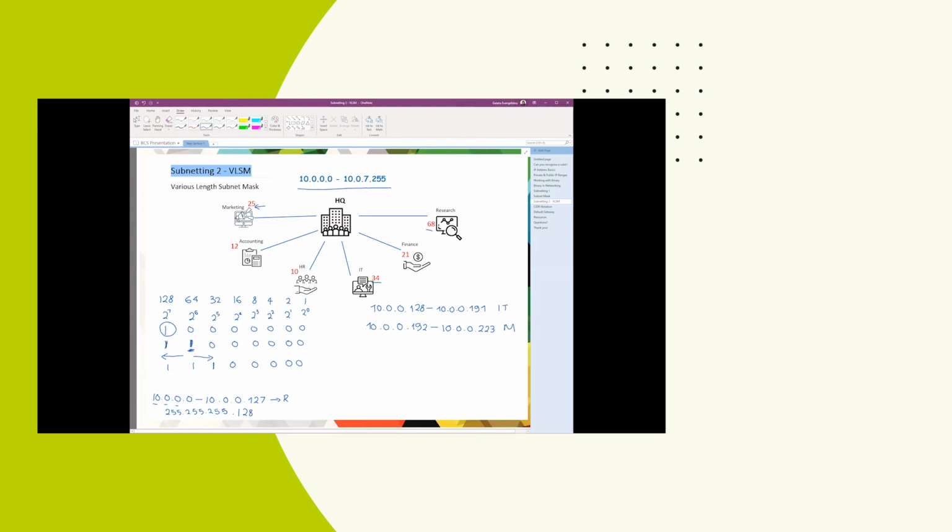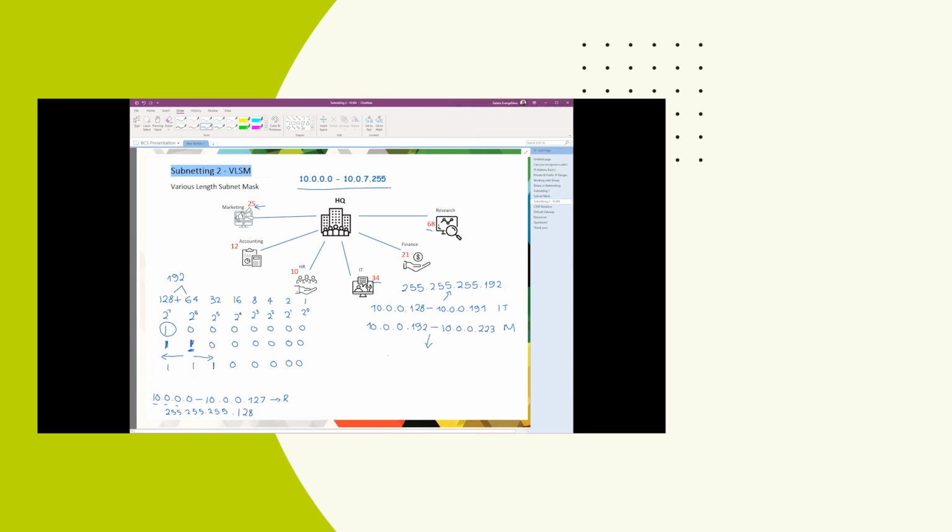The calculation is, yes, Gary, we need to add these two numbers together because I've got a 1 here and 1 here. If you add these two numbers together it is 192. That's correct. The subnet mask for this subnet is 255.255.255.192.